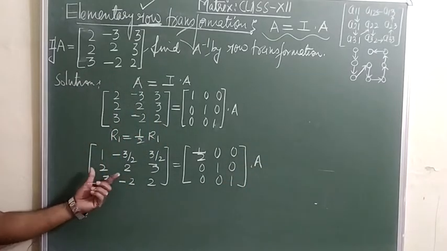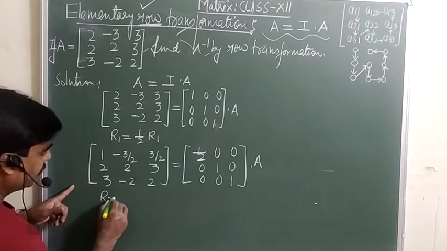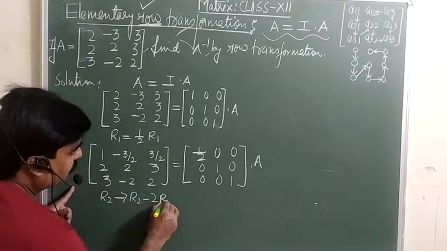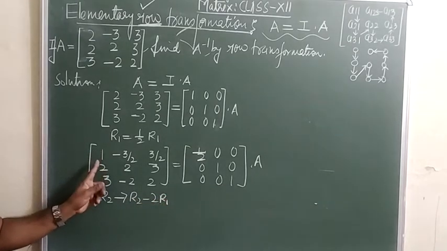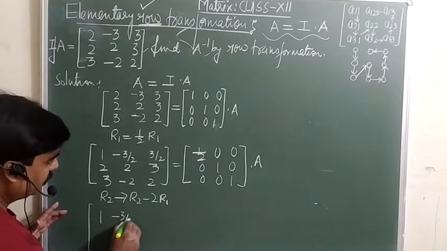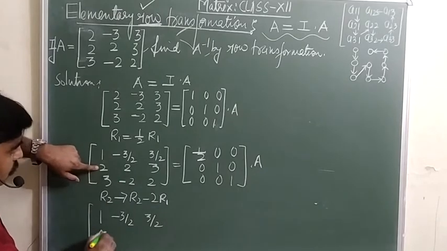Now here you are supposed to make it 0. So what we will do, from the second row, if we subtract 2 times the first row, you will get zeros here. So here you will get 1, -3/2 will remain as it is. This is 2 minus twice of this one, which is 0.